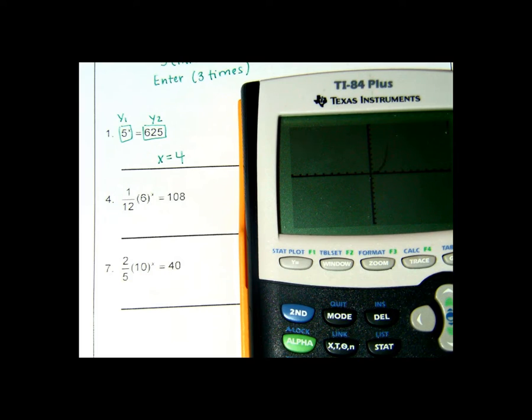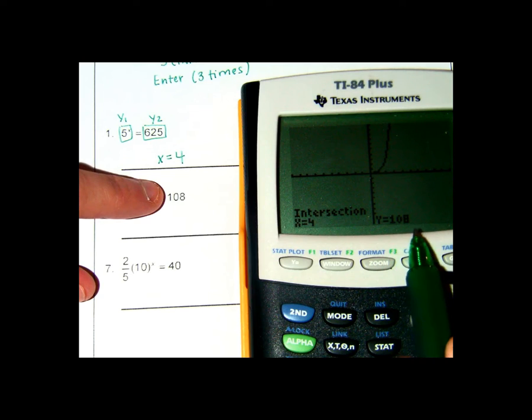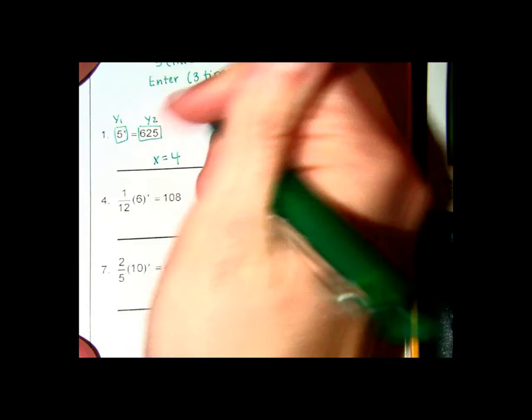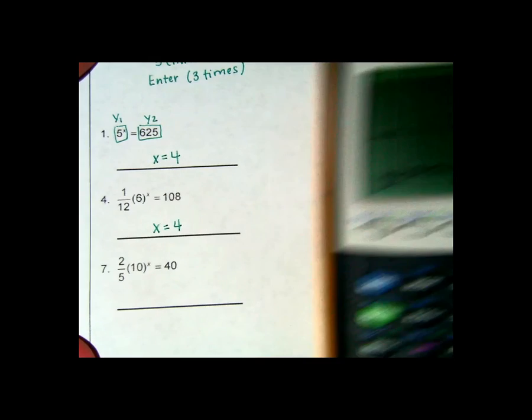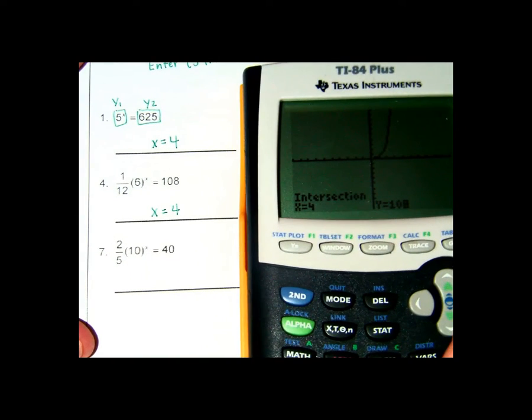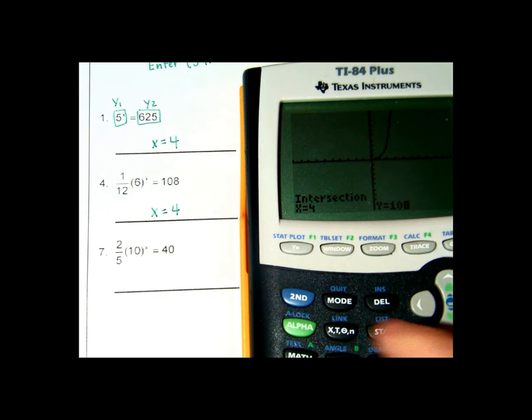Wait for it to come up. And enter 1, 2, 3 times. See, the y's match, like I said, depends on how complicated it is. This one is also x equals 4. That's just a coincidence. It's not that they're all going to be x equals 4. Okay, keep going. Pause the video. Try number 7.